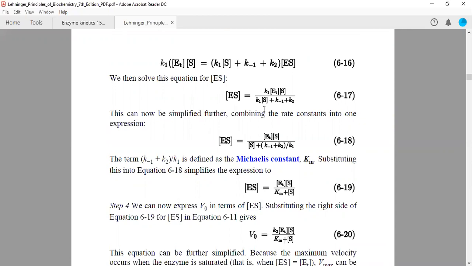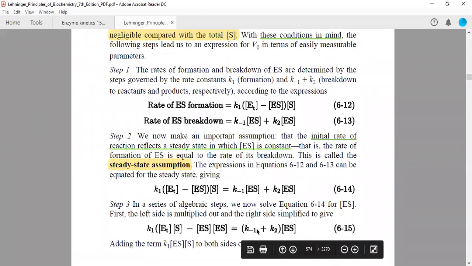On the other side you will have K minus 1 plus K2 times ES, but you will add this term to this side also. So first of all you will have K1 into substrate concentration S, because you will take this common.